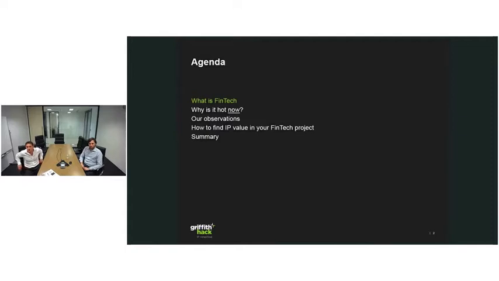And then we're going to look at what we see, what are our observations, the interactions we've got with our client base, our observations in terms of the market generally. And then we're going to come in to talk about how intellectual property plays a role in the fintech sector. And in particular, we're going to try and help you to understand how to find the IP value in your fintech projects. And then we're going to briefly summarize it at the end.